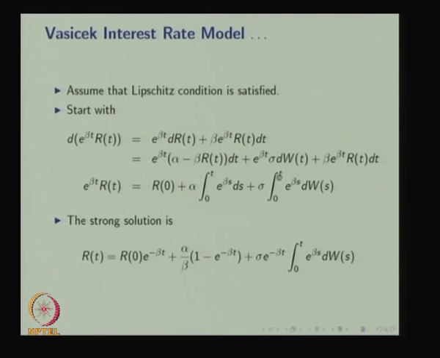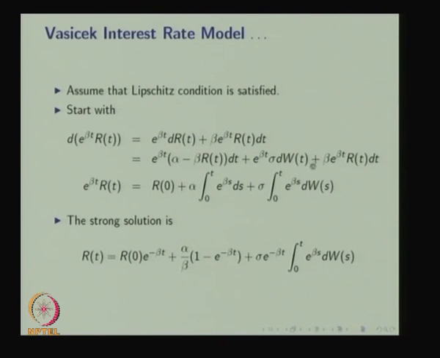Some terms will be cancelled out, and because this is a differential form, we make it an integral form. Therefore, e power beta t r t will be r of 0 plus alpha times the integration from 0 to t of e power beta s ds. This is the Riemann integral. Plus sigma times the integration from 0 to t of e power beta s dWs.